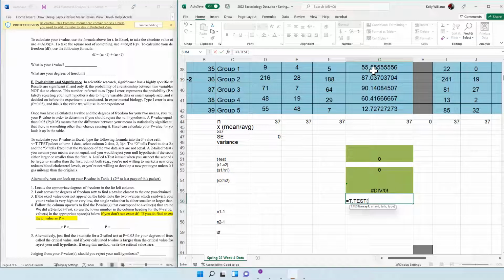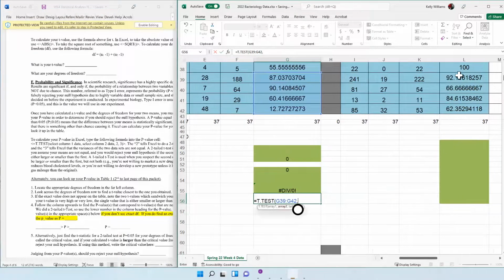So we're going to select all of the data in column 1, which would be our percent effectiveness from soap, and then we're going to put a comma there, and then we're going to select all the data from the percent effectiveness for hand sanitizer, comma, and then we're going to put in a 2.